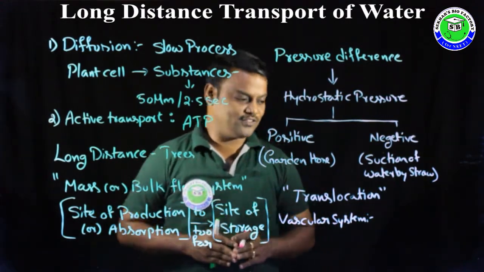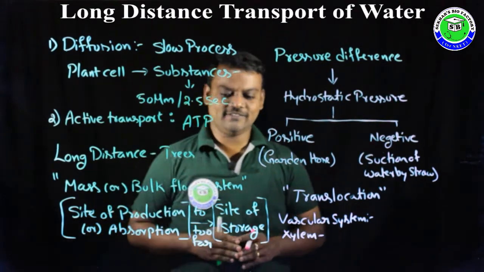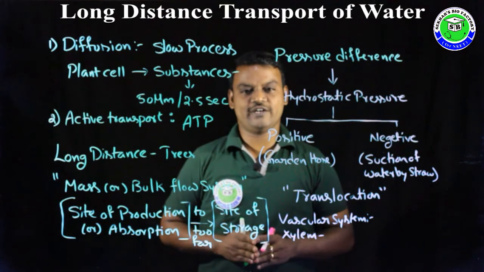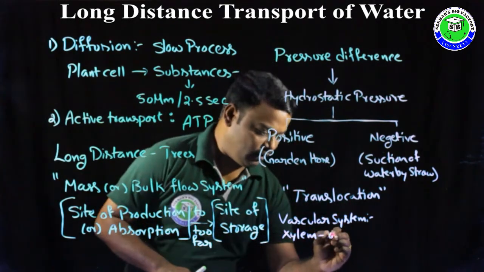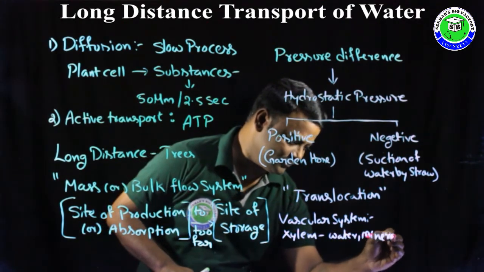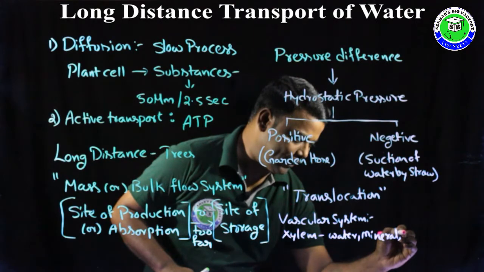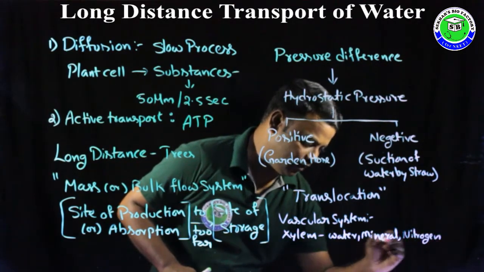In this vascular system, xylem is one of the tissues, and this xylem tissue is associated with the transportation of water, along with water, mineral salts and organic nitrogen and hormones.